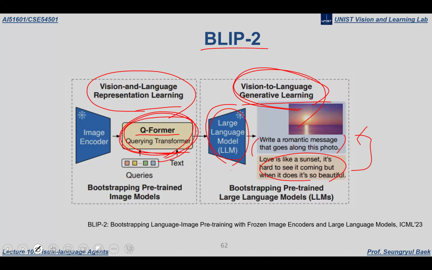You can also see here in BLIP, they are freezing the LLMs. They are not actually training the LLMs, but only train this Q-Former, which provides some queries to the subsequent LLMs. And that actually limits the capability of BLIP version 2.